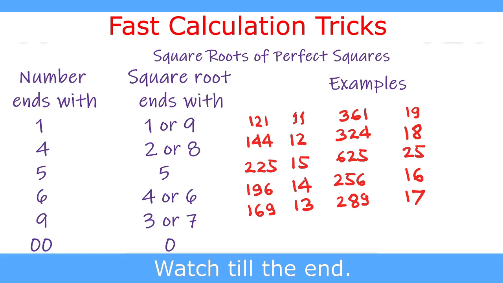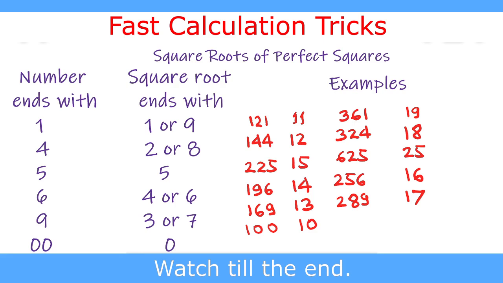The other example is 100. 100 ends with an even number of zeros and it is a perfect square and its square root is 10. Thus, when a number is a perfect square and ends with an even number of zeros, then its square root also ends with 0. These are the examples of numbers which are perfect squares and end with specific digits 1, 4, 5, 6, 9 or an even number of zeros.